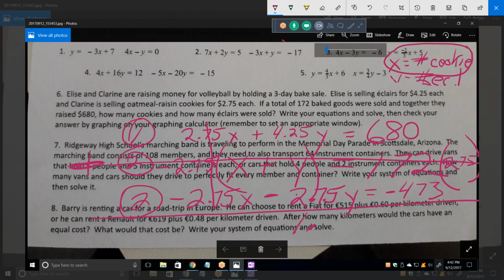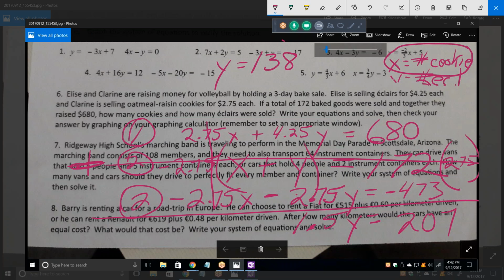It's 1.5y equals, if I add those two numbers, positive 207. Now it's easy. Y is whatever positive 207 divided by 1.5 is. Again, you can use a calculator on that. So 138. And what was Y?